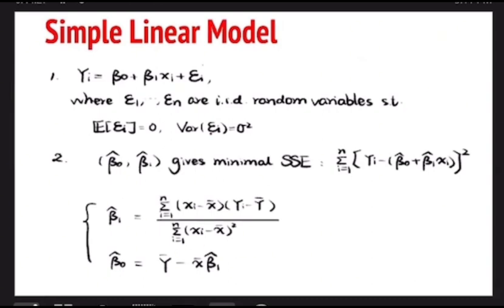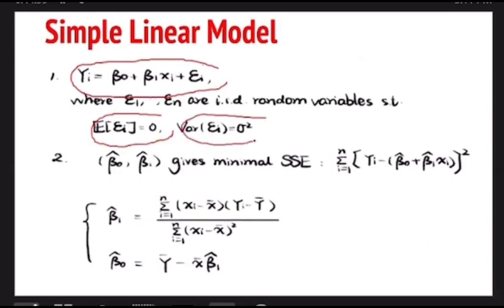But we need to remind you that this is a specification of a model where we assume that the expected value of error equals 0 and the variance is sigma squared. That is what we call the variance of error. Sigma squared means that is what we call homoscedasticity.